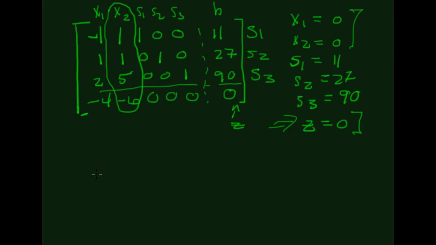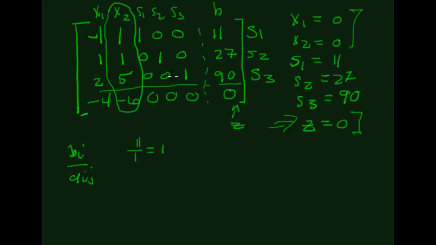So what you do is find the row that has the smallest non-negative bi over aij. This row, the bi over aij, is 11 over 1, which is just 11.